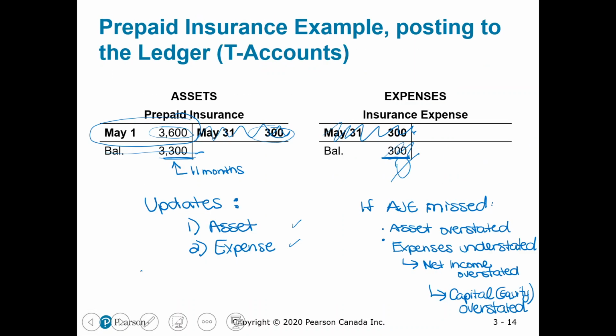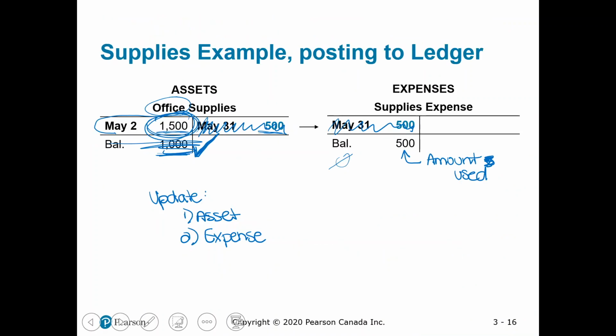So it follows the same here. Assets overstated, expenses understated, which leads to a net income that's overstated and a capital or equity balance that is overstated as well. So these are really important.